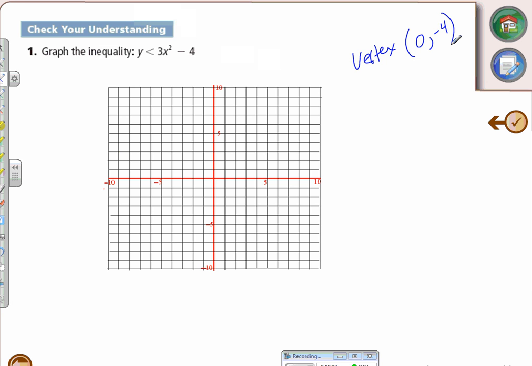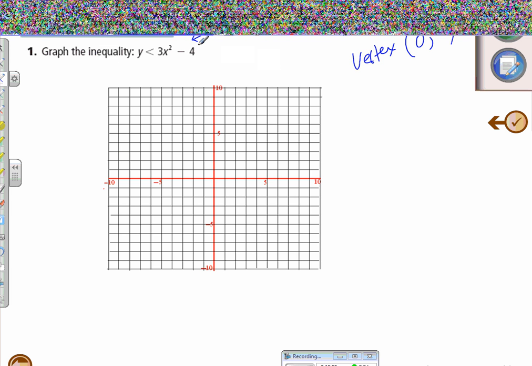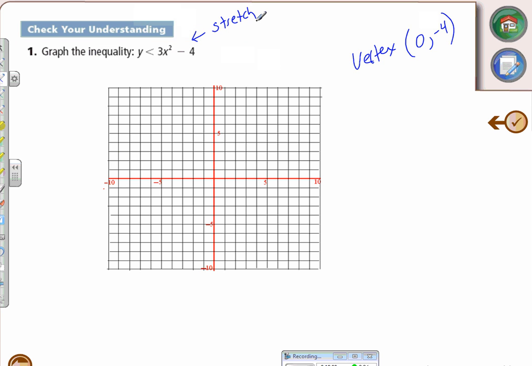Or thinking of it as, to remind you of all the transformation language we talked about, this is a stretch from x squared by a factor of 3, and 4 units down.